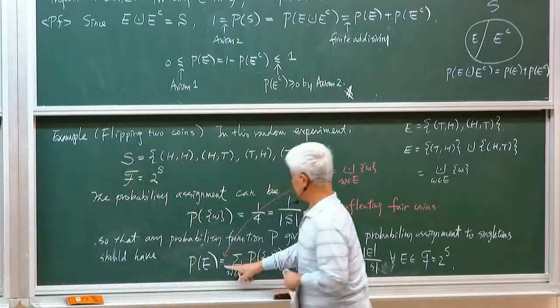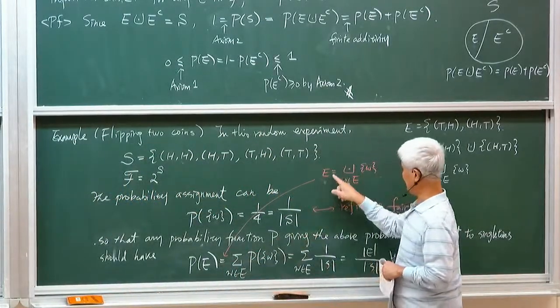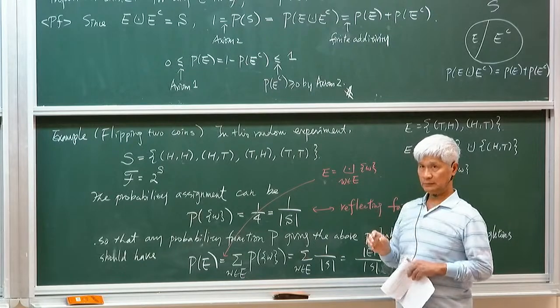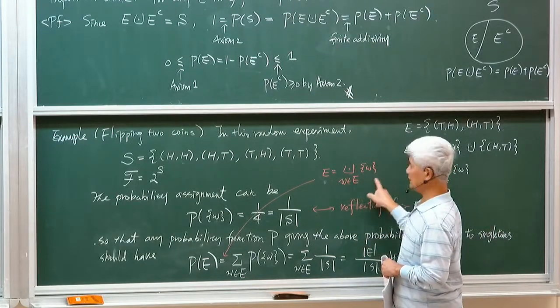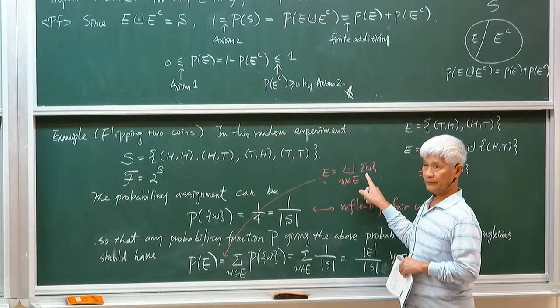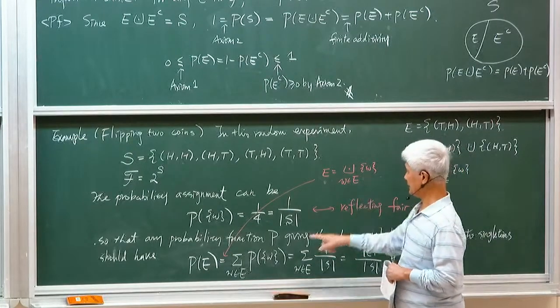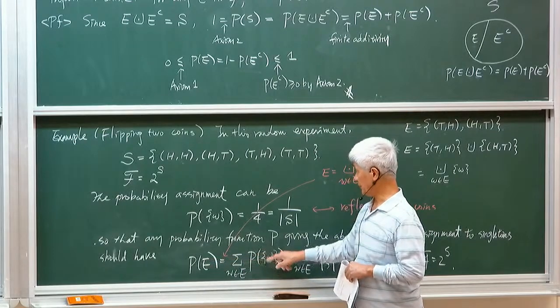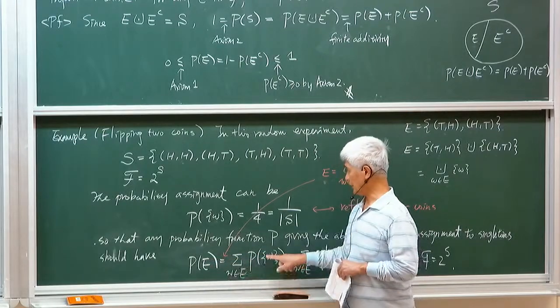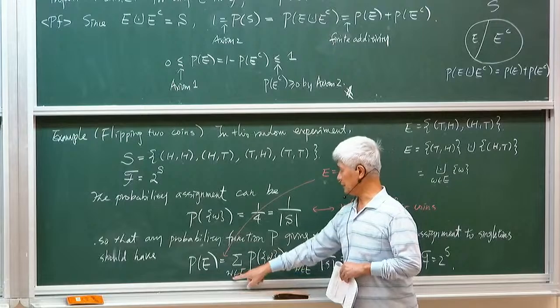Because every event is the disjoint union of singletons, the probability of the event is equal to the summation of the probability of every singleton for every sample in this event.